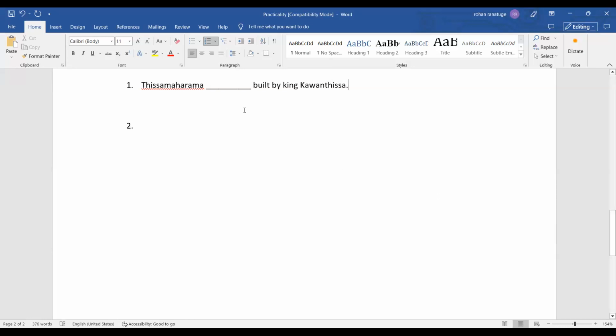We have a blank here, and we give this as a listening test. What's your idea here? Do you think it's a valid listening test? Why do we say it's not?